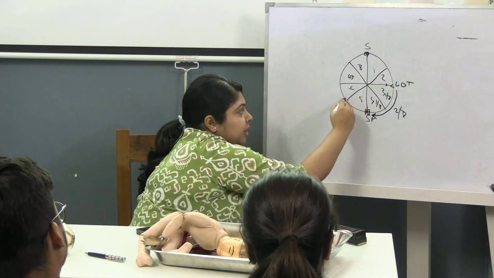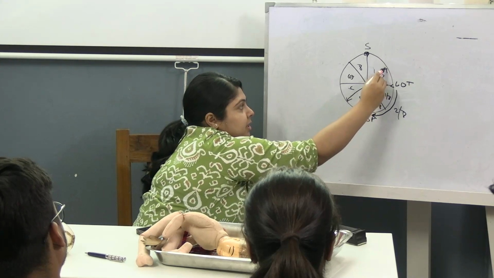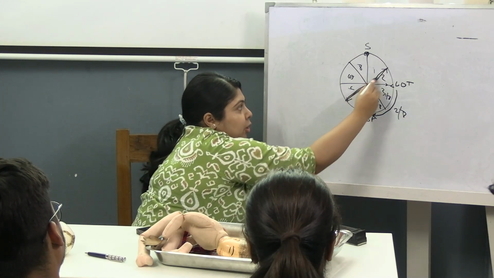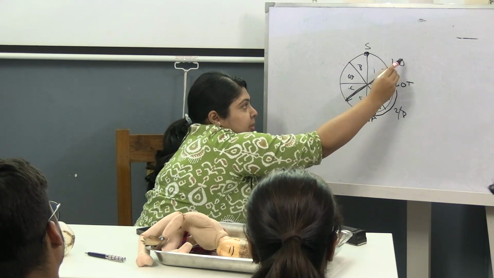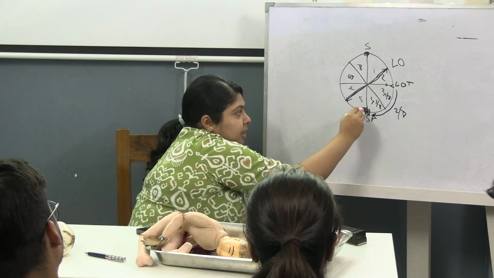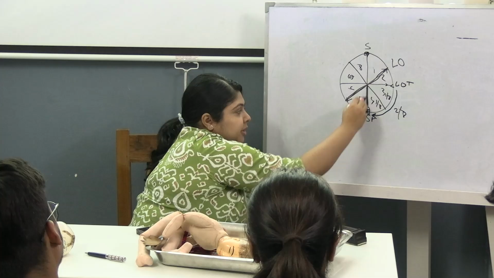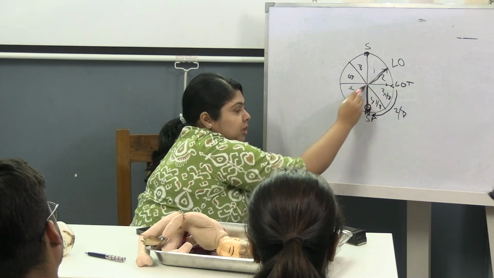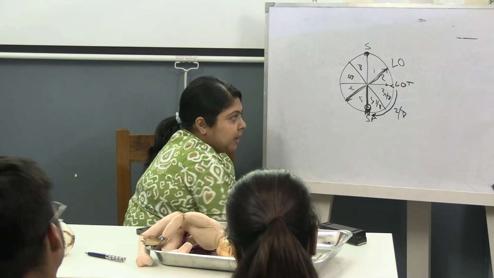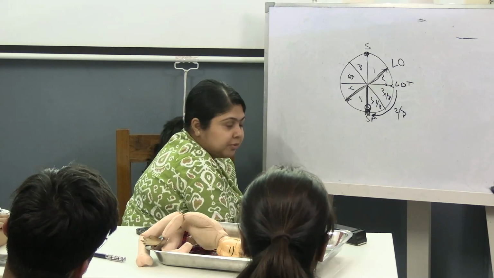But once the head has rotated, the shoulders are still in the left oblique diameter. But the head is here. So suppose this is the fetus. This is the fetal neck, this is the fetal head and the shoulders are here. Like this we are studying. So the head has sustained a torsion of 2/8 of a circle.